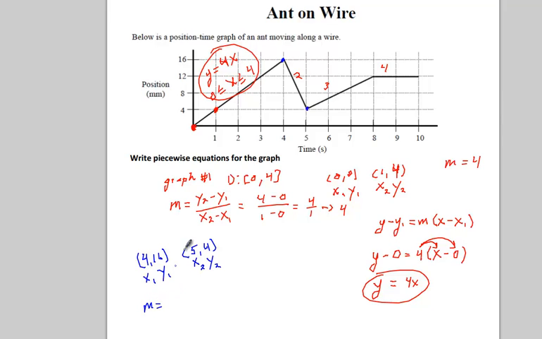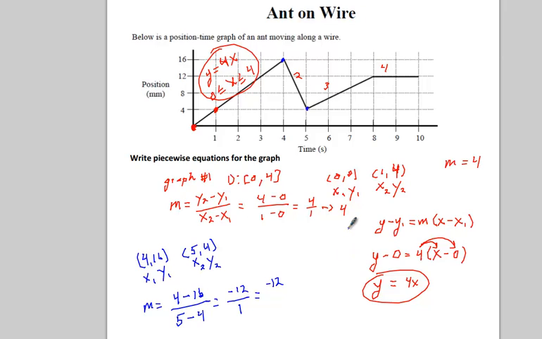So m is equal to y2, which is 4, minus y1, 16, divided by 5 minus 4. That comes out nicely because 4 minus 16 is equal to negative 12, and 5 minus 4 gives me a value of 1. So my slope for this problem is just negative 12.